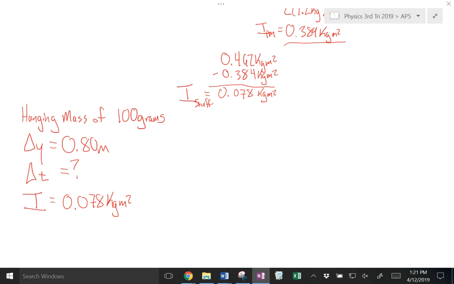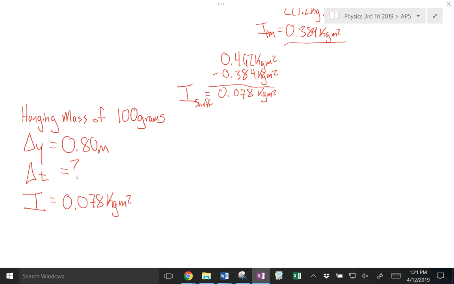Basically, Delta Y is 8.8, just that spinning arm now, hanging mass. And what we're doing is 0.07. So basically, it's just going through this backwards.